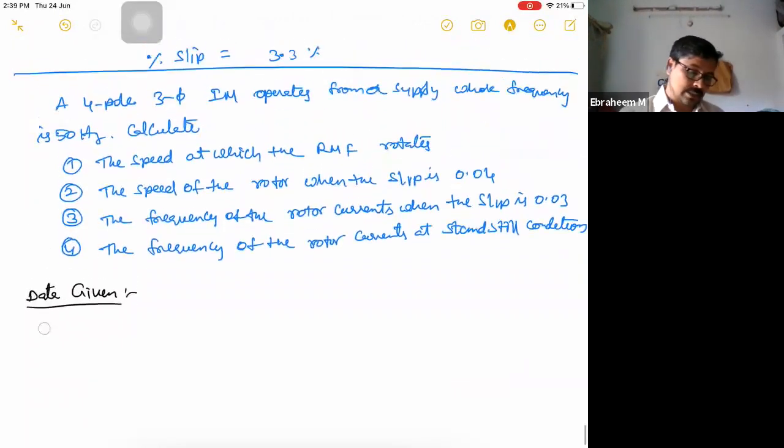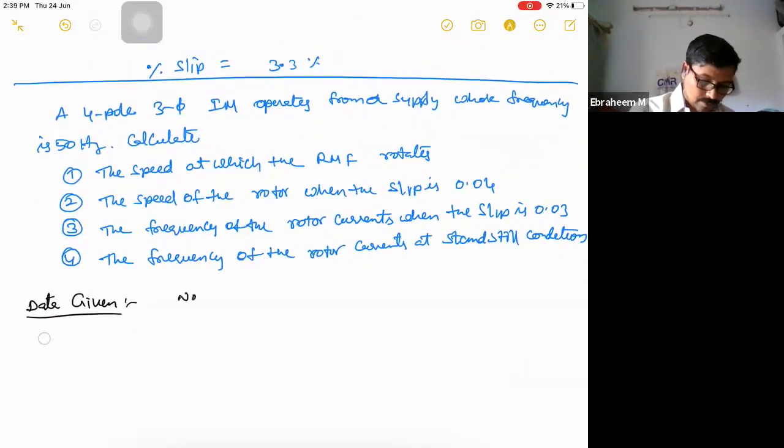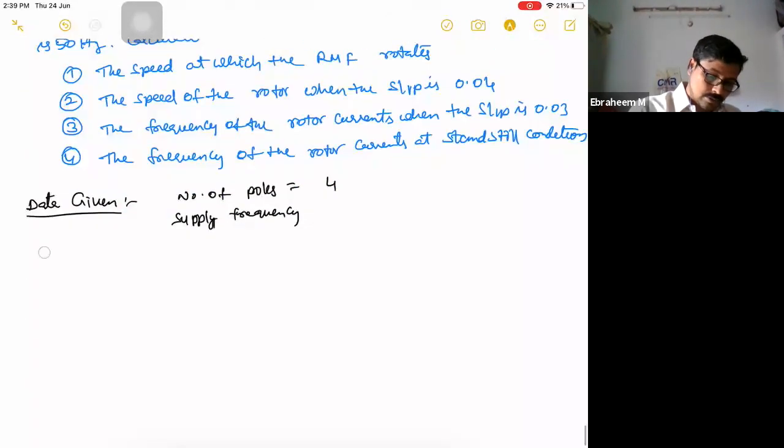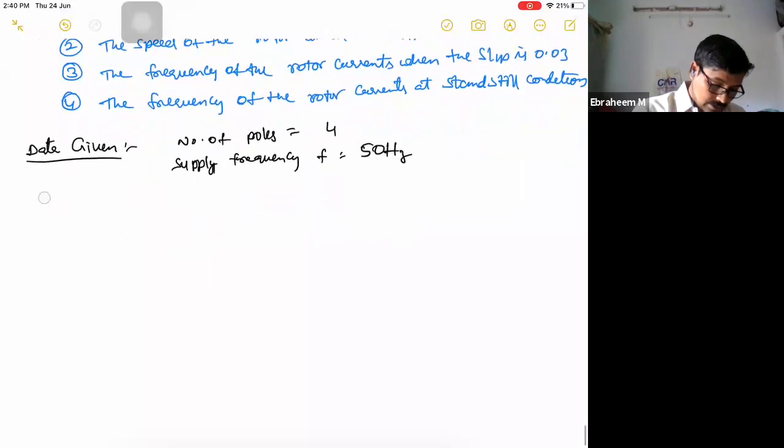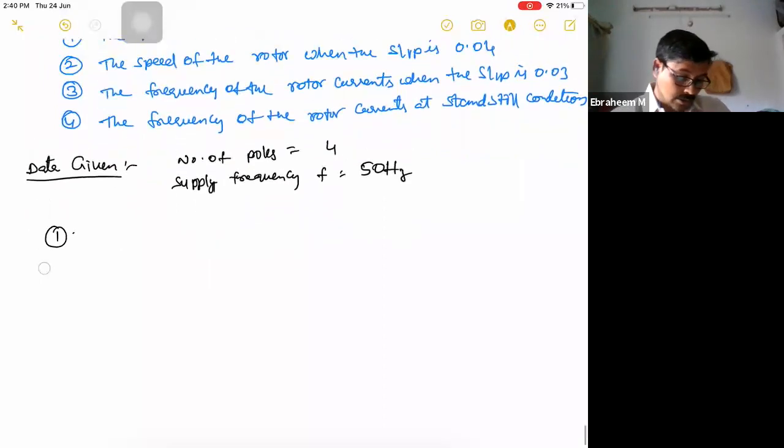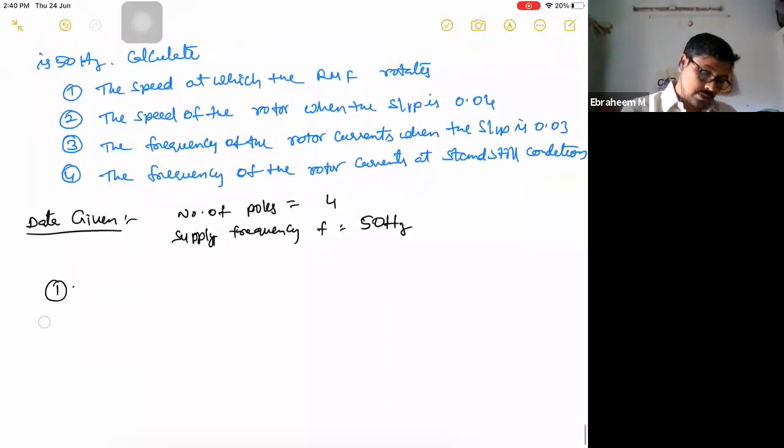What is the data given here? Number of poles is 4, and supply frequency f is equal to 50 Hz. So first one is the speed of the RMF.